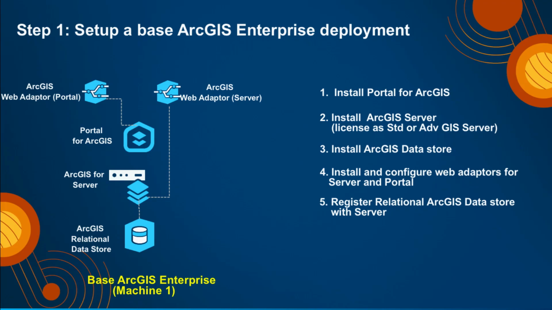You register the relational ArcGIS Data Store with the server, and then you federate your server with the Portal and configure that as the hosting server. So with this, you have completed the ArcGIS base enterprise deployment, and this is on machine 1.